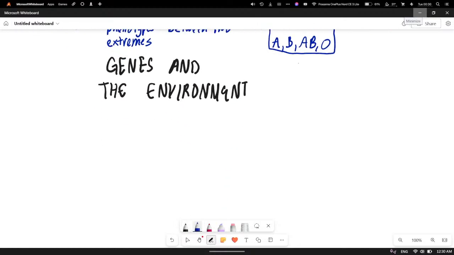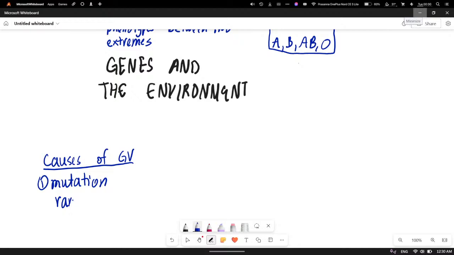Then we come on to causes of genetic variation. I'm just going to write GV. So we first have mutation. Now, you need to know the definition for mutation. Mutation is the genetic change. It's described as the random change in the base sequence of DNA.